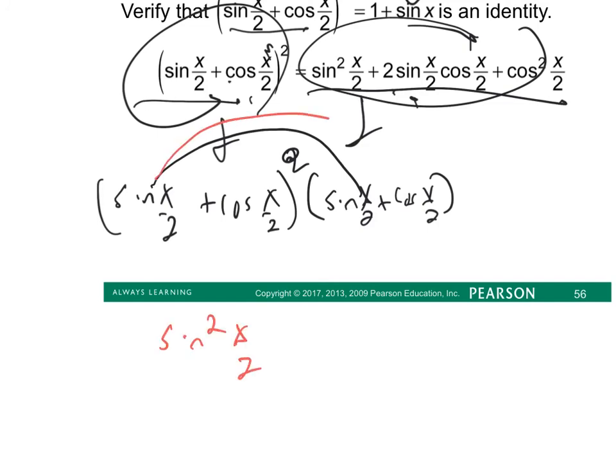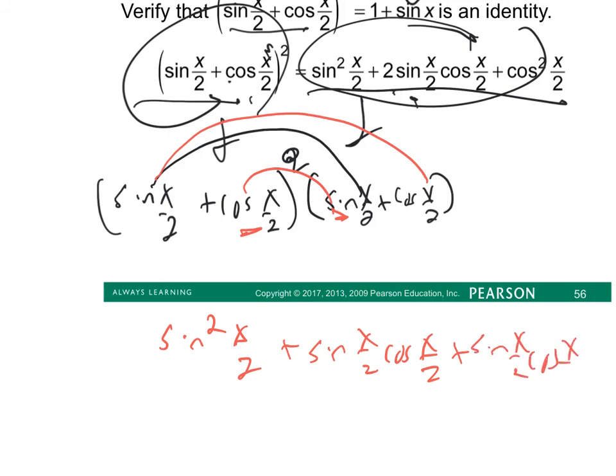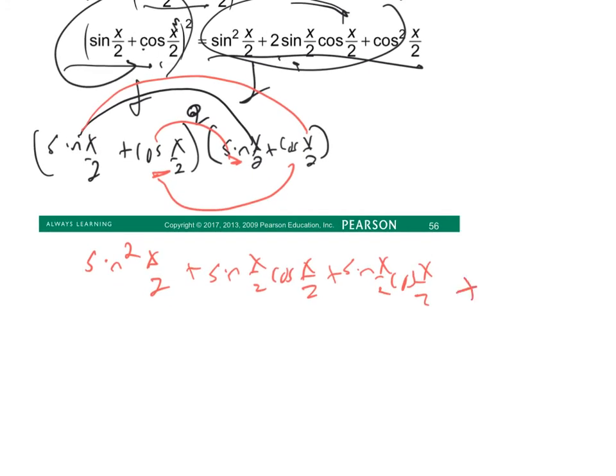Sine of x over 2 times a positive cosine of x over 2 is plus sine of x over 2 times cosine of x over 2. Since the inside is the same, that also gives you the exact same thing, sine of x over 2 times cosine of x over 2. And then last times last is plus cosine squared of x over 2.